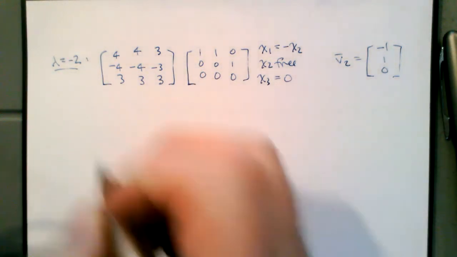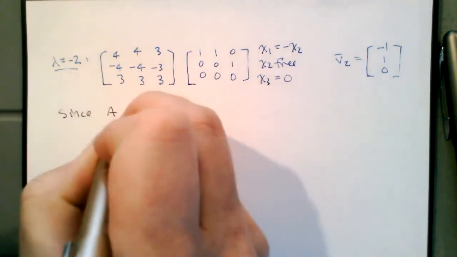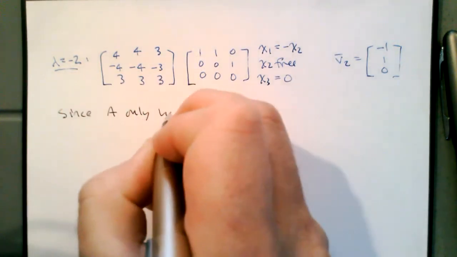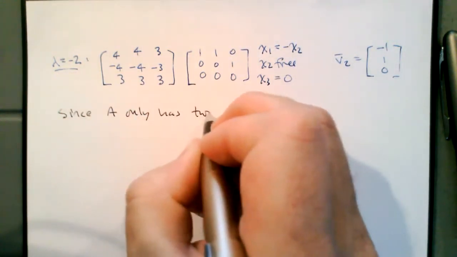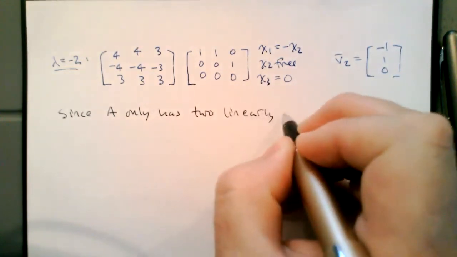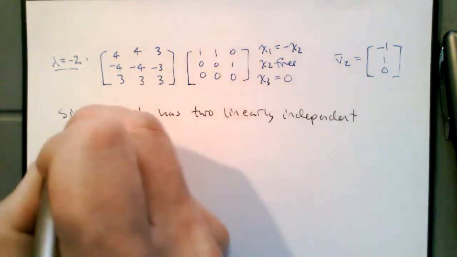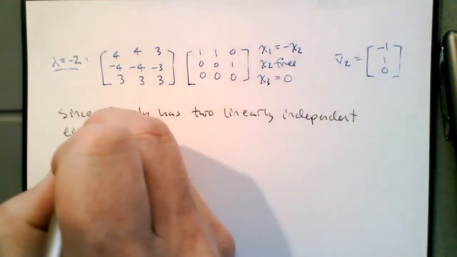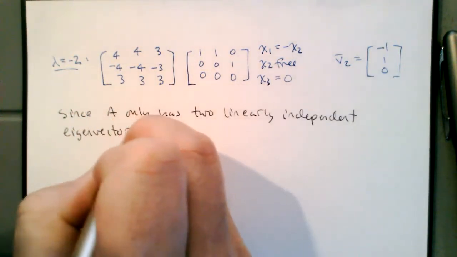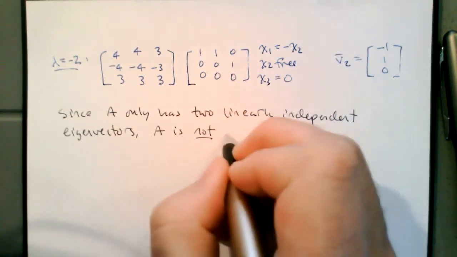So since A only has 2 linearly independent eigenvectors, A is not diagonalizable.